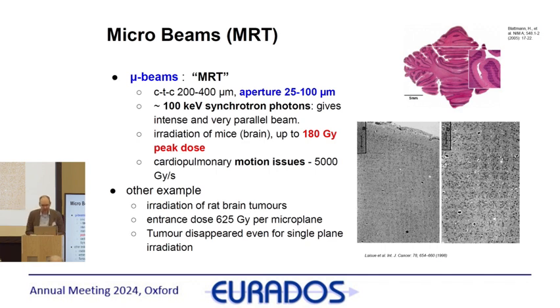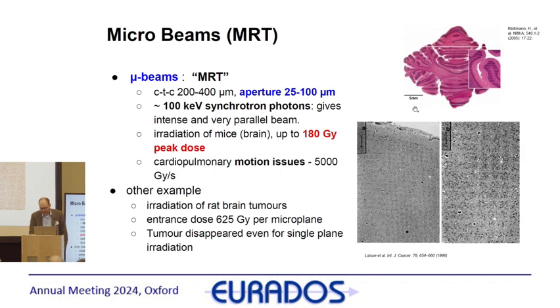Starting from the back end, we have microbeams. So these are very, very small beams. And what you also can see here is that if you irradiate, in this case, some sort of brain tissue of mice, they were irradiated with 100 keV, very intense synchrotron photons. So it could be facilities like Grenoble or so on. And they see that the brain was able to withstand doses up to 180 grays peak dose, which is quite large.